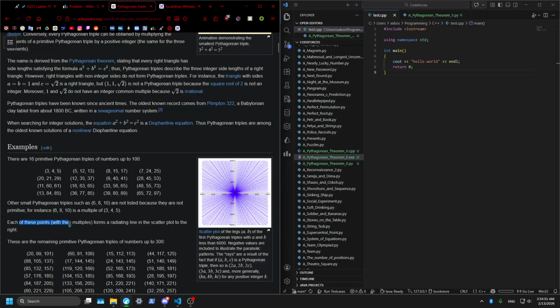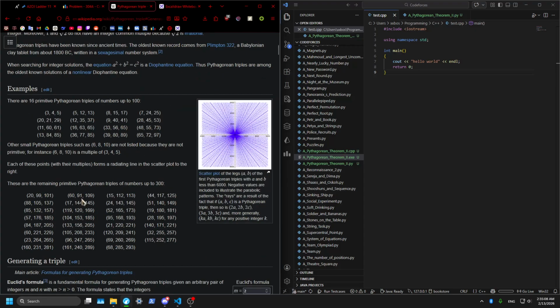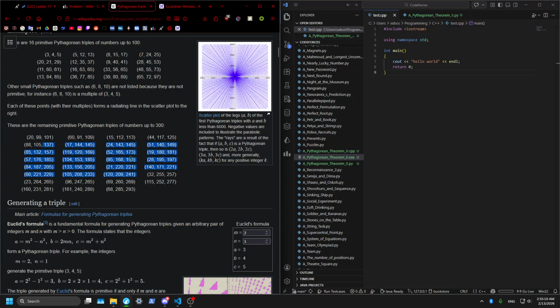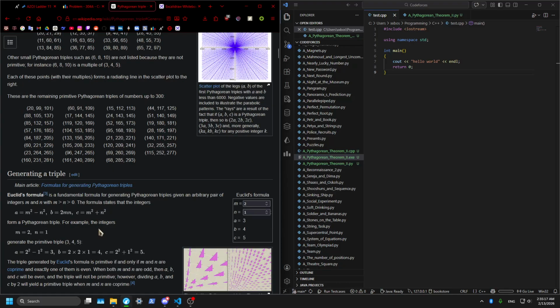Each of these points with their multiples form a radiating line in the scatter plot to the right. Interesting. This is pretty cool. These are up to 300. Euclid's formula is a fundamental formula for generating Pythagorean triples.